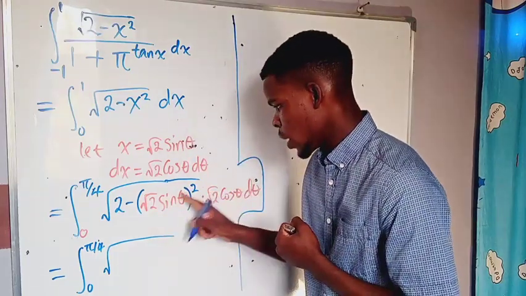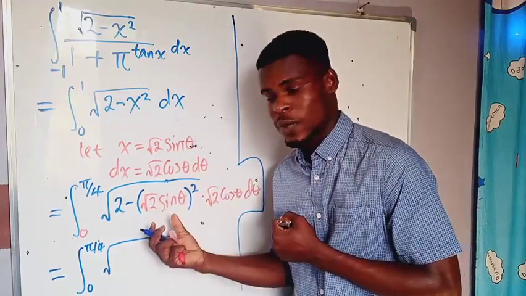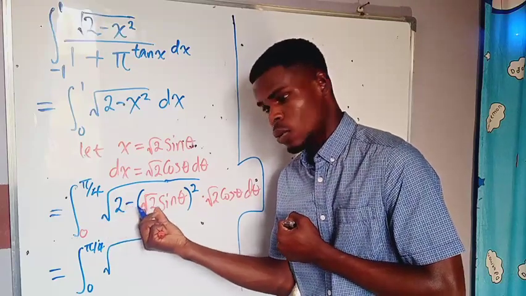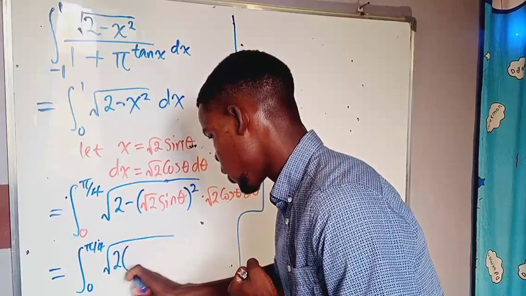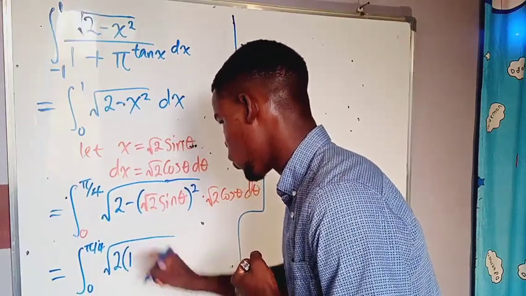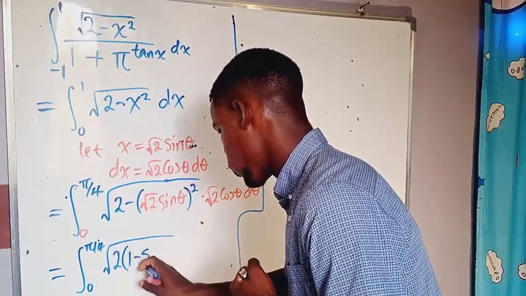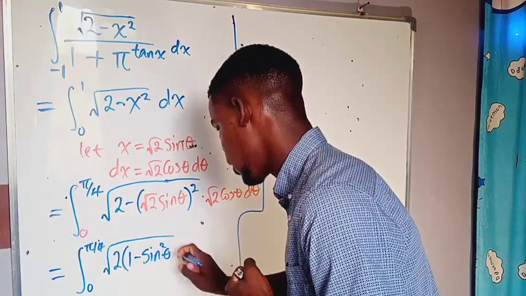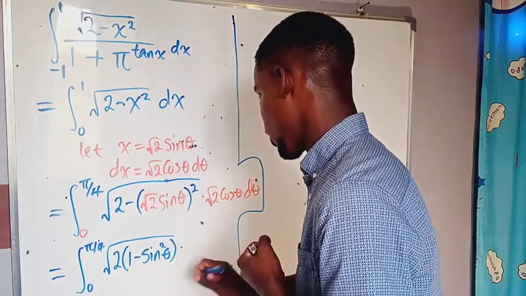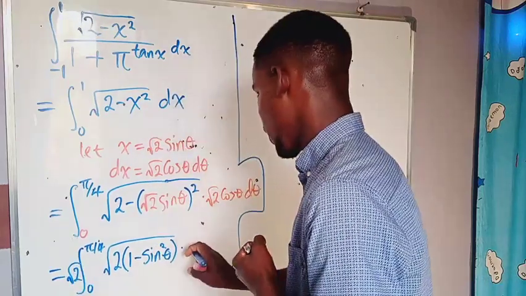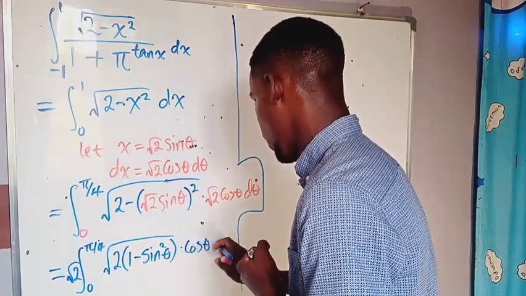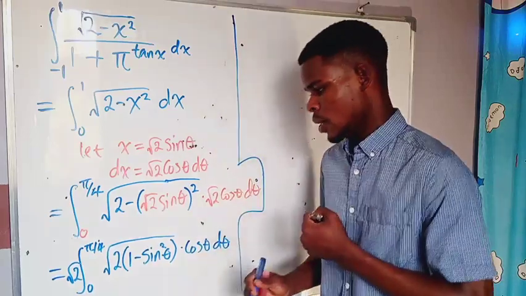Notice that the square of square root of 2 will just give us 2, right? 2 is common under the square root, so I'm going to put 2 here, and then I multiply it with, when we factor out 2, 1 minus the square of sine theta, right? Very nice. And then we multiply this by the square root of 2. Maybe I can just put it out front, okay? And then we have the cosine of theta, and then you put the d theta over here.